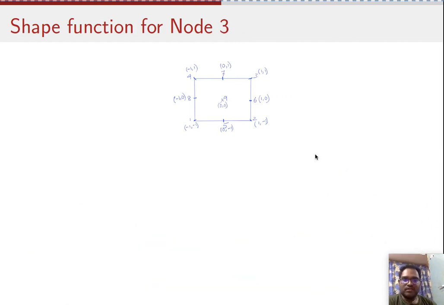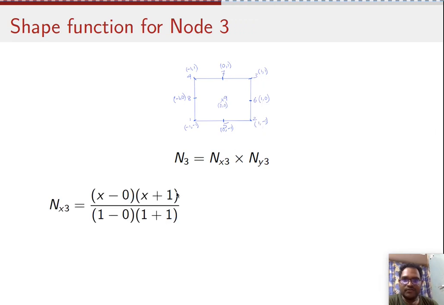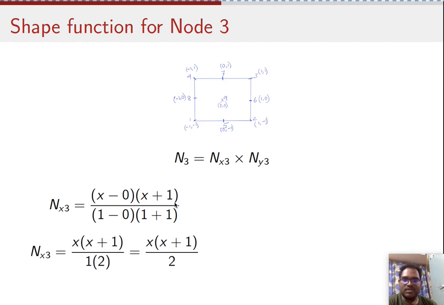So you'll go with node n3. Node number 3 is present over here. So in the x direction, you're going to have... I'm sorry, the x direction is 0 and minus 1. So it will be x minus 0, x minus of minus 1, which is x plus 1, and then just substituting the value of 1, you'll find nx3.